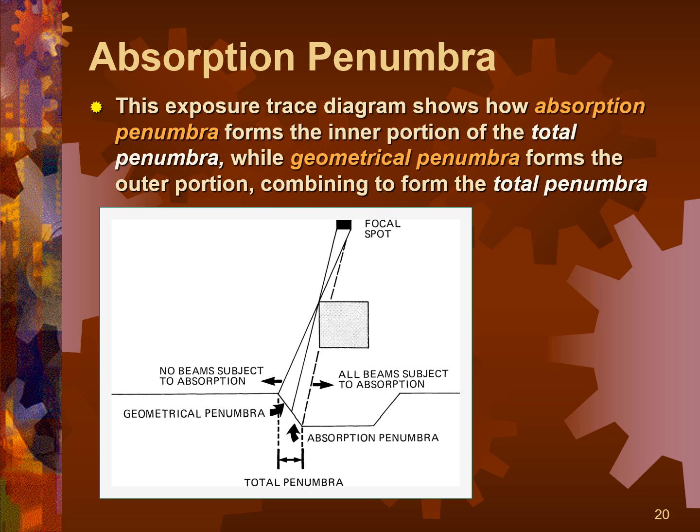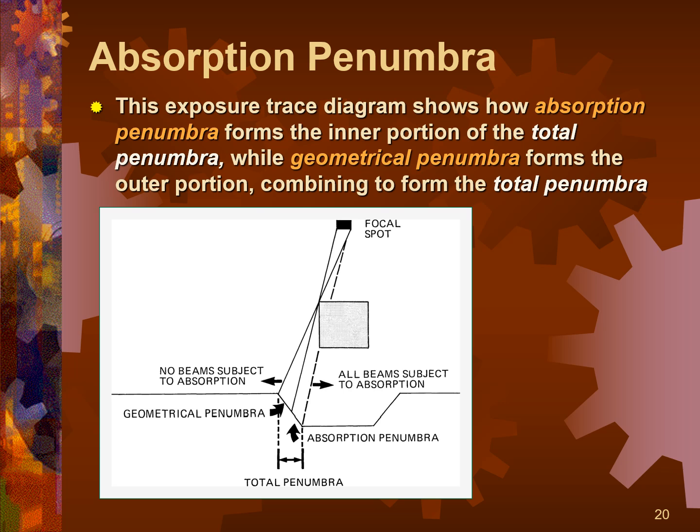So this is a hybrid diagram showing you both geometric penumbra at the edge manifested by the vertical triangles at the focal spot. So you can see the apex of the vertical triangles is at the edge of the square there with the solid line diagrams going back to the focal spot.